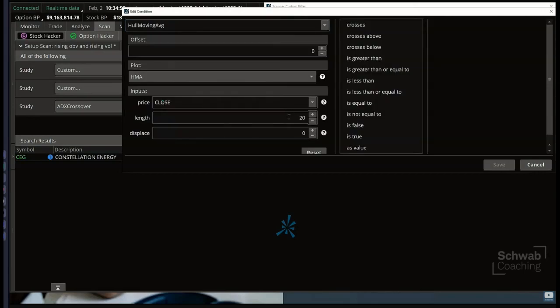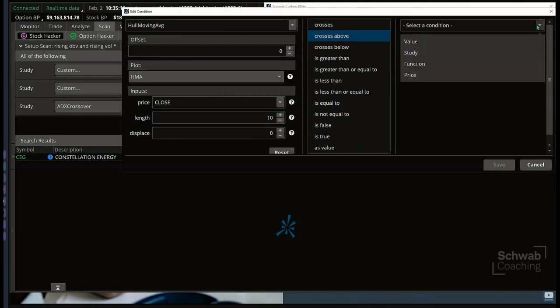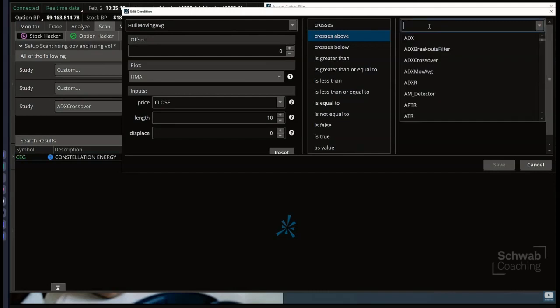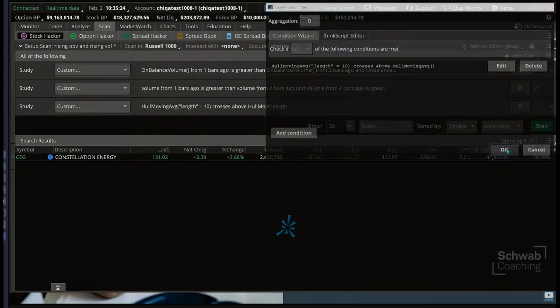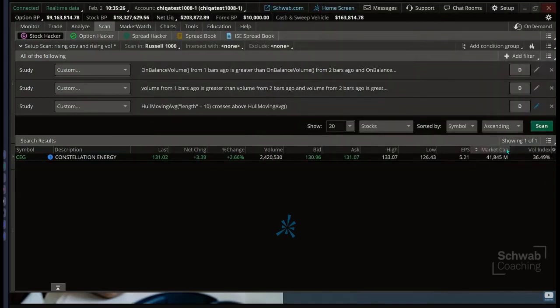So let's see if we can get the 10 Hull crossing the 20 Hull. I don't know if we'll get one. I tried this morning and didn't get any, but maybe we'll get one now. So we have crosses above moving average 20. I don't know if we'll get anything, but this is the way you would set it up.